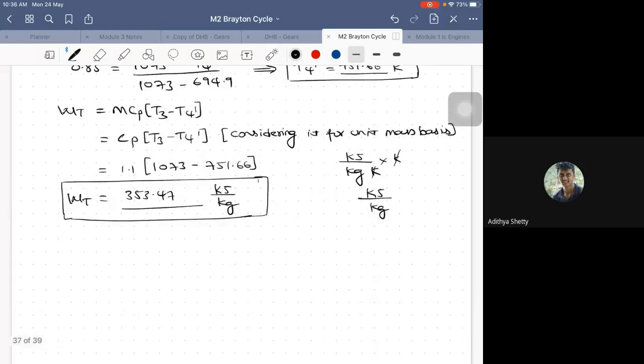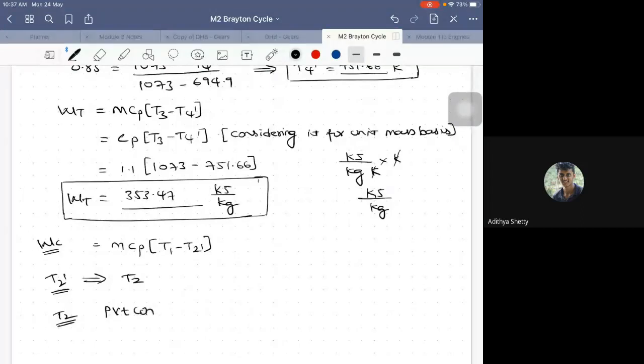So I immediately go for calculation of WC. So WC is given by again mCp into T1 minus T2 dash. So you don't have T2 dash there. In order to find T2 dash, you must depend upon T2. So in order to calculate T2, you have the PVT conversion equation for 1 to 2, which is adiabatic compression.